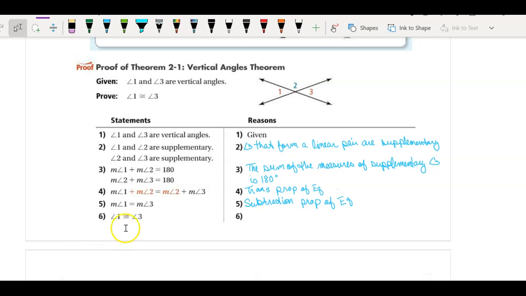From here, if we have the measure of angle 1 is equal to the measure of angle 3, then we can say that angle 1 is congruent to angle 3, and our reasoning here is angles with the same measure are congruent.